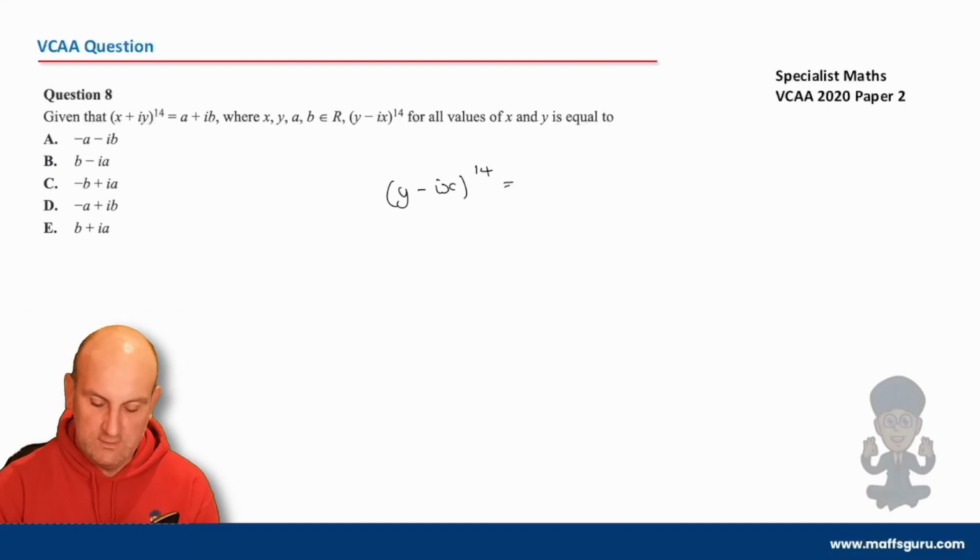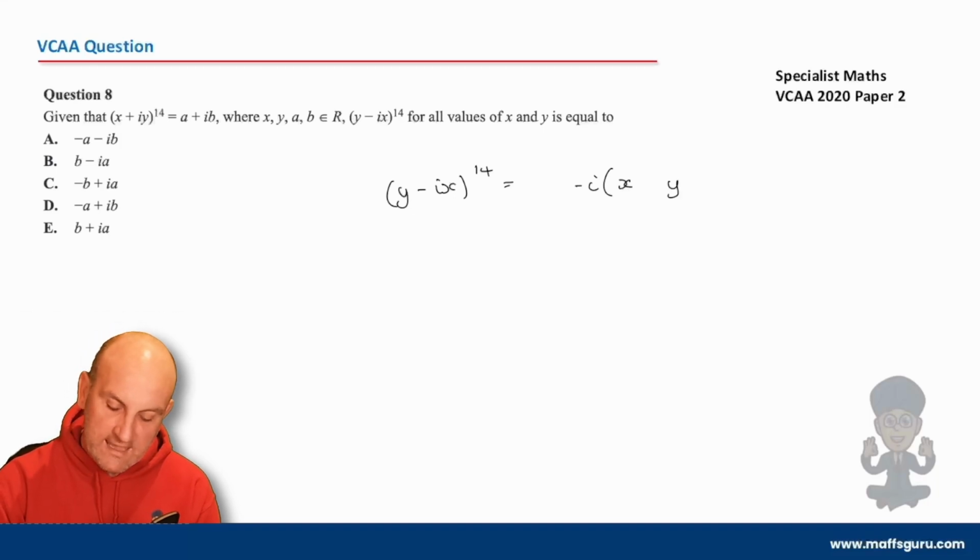Now, what I'm going to do is say, well, let's take out minus i out of this set of brackets. I'm not going to worry about the power for the moment, and that's going to give me x inside my brackets. Cool, that works. So I've got my x, I've got my x. What am I going to try and do now? Well, I've got to have a y here. All of that's going to be to the power of 14. So minus i times what is going to give me plus 1?